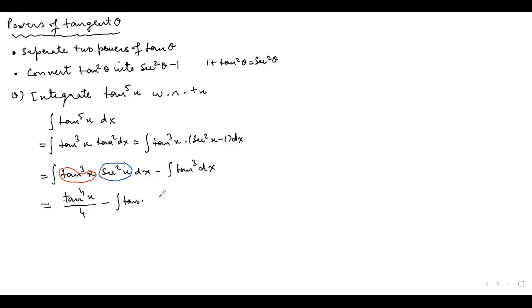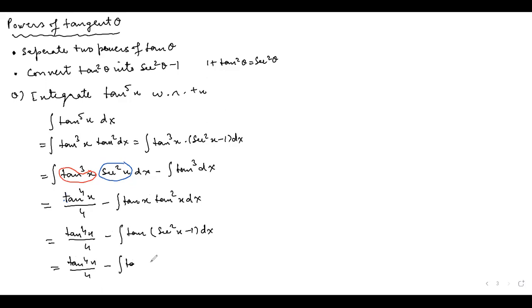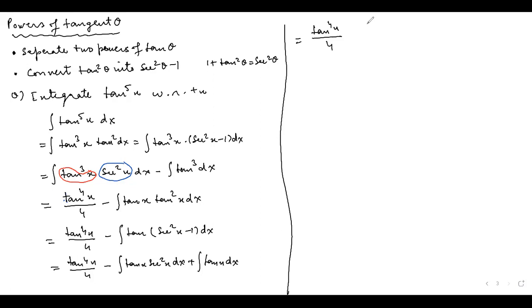We will again separate two powers, and we will write tan square x as secant square x minus 1. Minus.